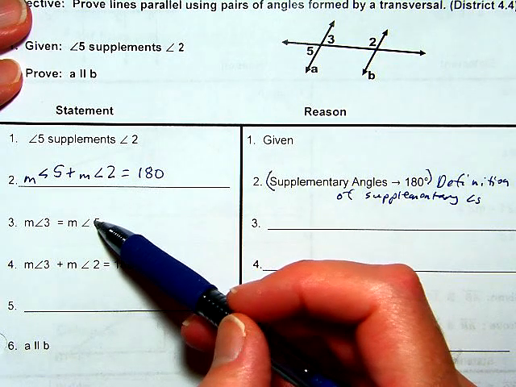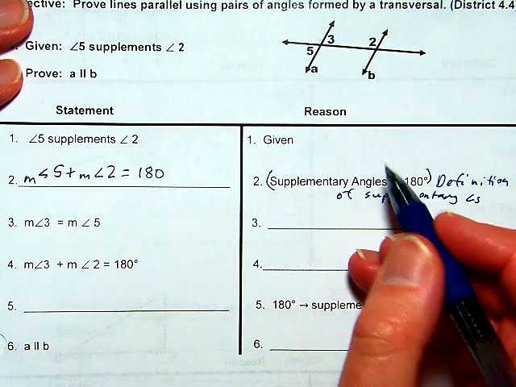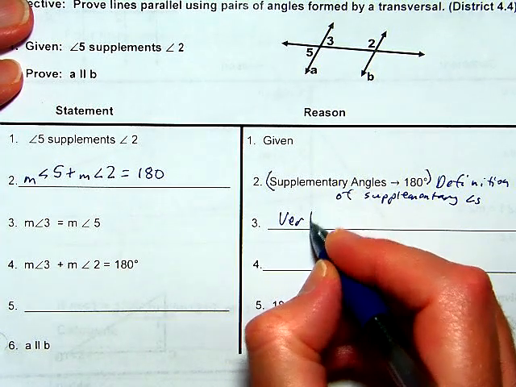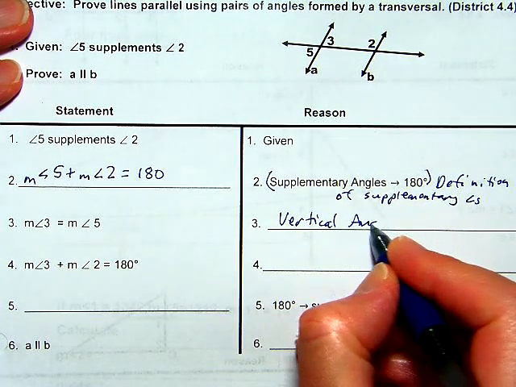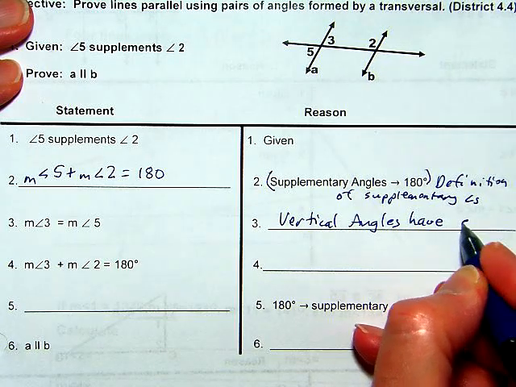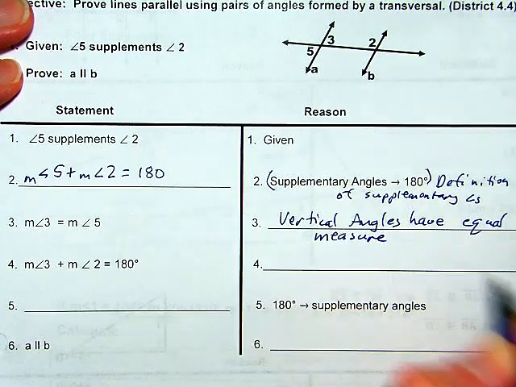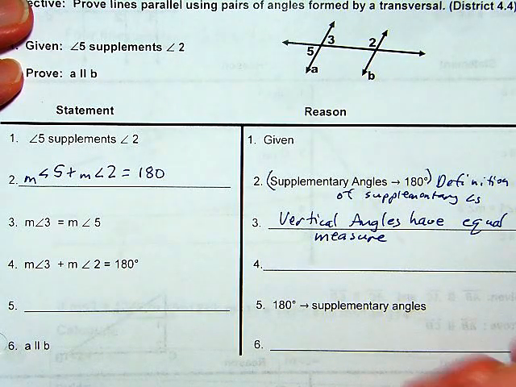So the reason here would be vertical angles have equal measure. Okay, good. So now we've got three statements.